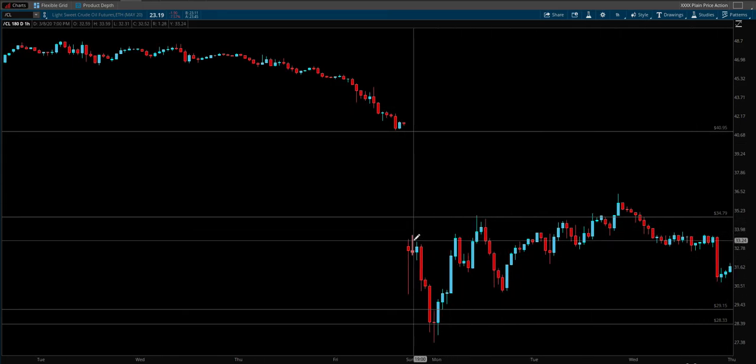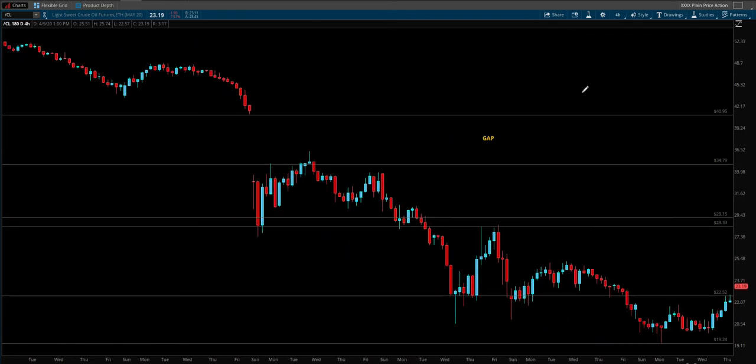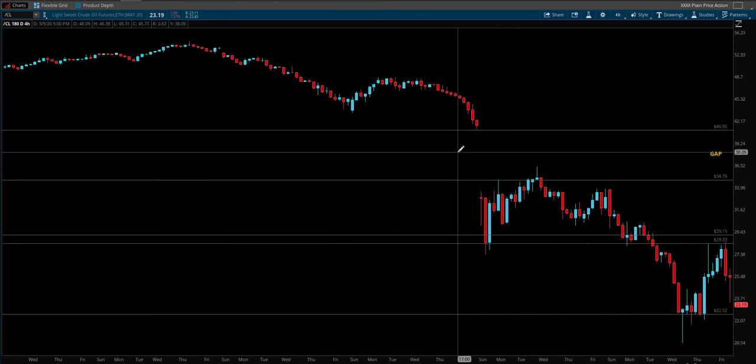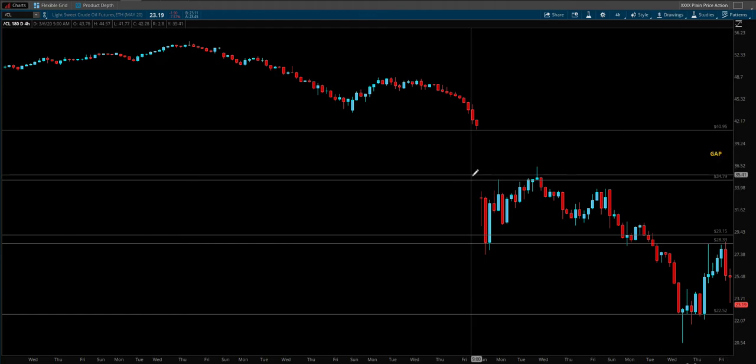It's 33.31 on the 1 hour. So for me, I would probably look at the 4 hour for the gap close to get a better picture. And even if I'm off by a few cents, that really is the level that the price needs to get to.